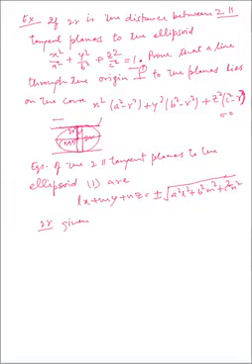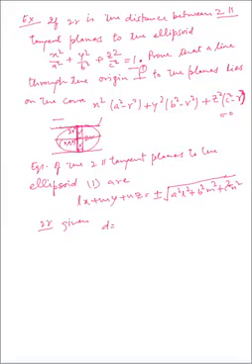If we want to calculate this distance plus this distance, this is the perpendicular from origin to this plane and to this plane, so we have to find the difference between these two. The distance from a point x1 y1 z1 is ax1 plus by1 plus cz1 minus d upon under root a square plus b square plus c square.